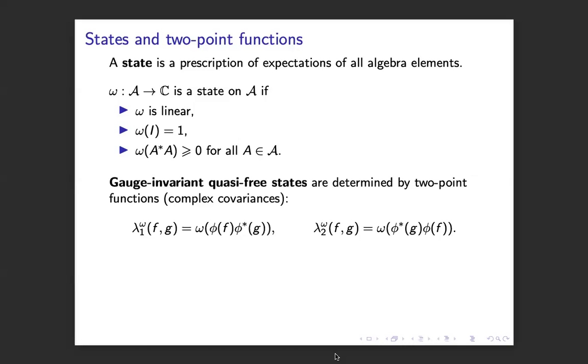Basically, every state is determined by these two pieces of the commutator. Right, so the commutator was the difference of these two things. And in fact, one of them determines everything because they're different.